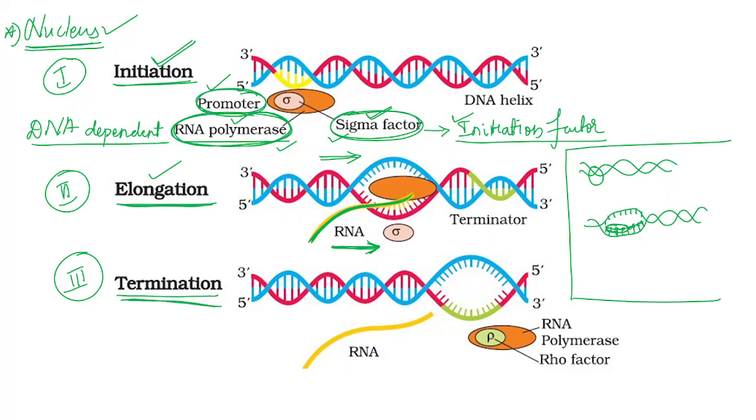A chain of mRNA will be produced, and as the polymerase enzyme moves towards its right side, slowly the mRNA will come out of this one. See here in this particular diagram you can see the mRNA is coming out, and the DNA helix is open only in the region where RNA polymerase is there.